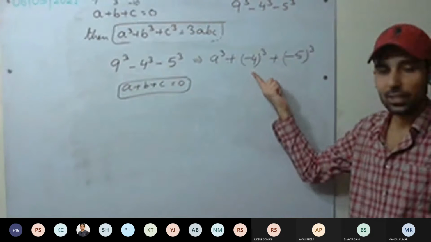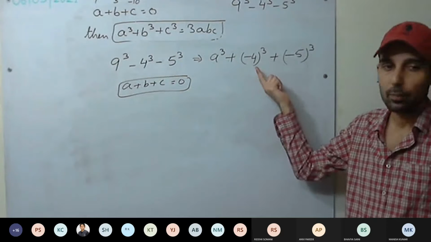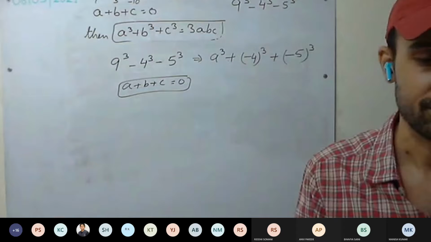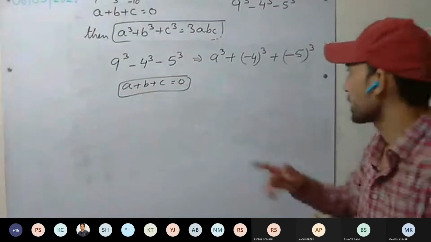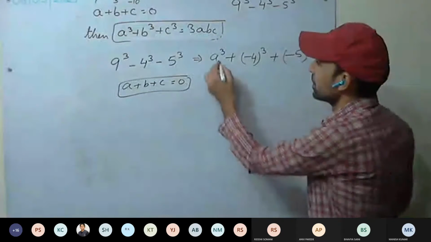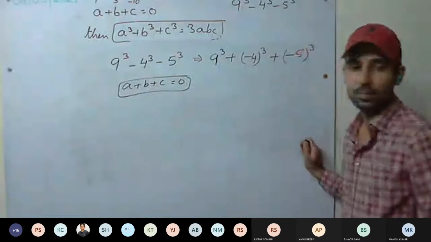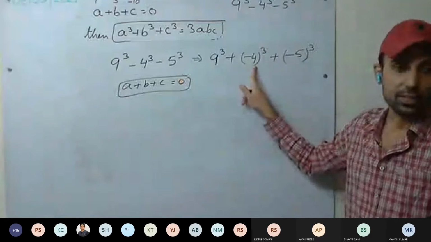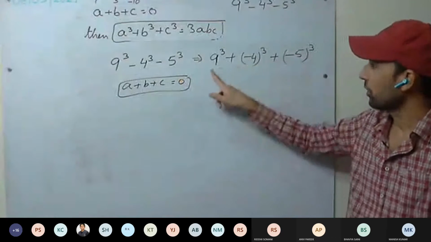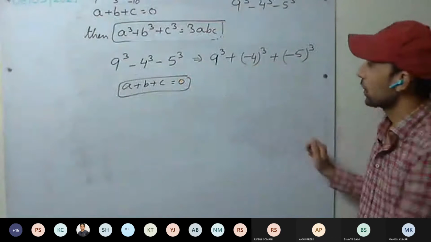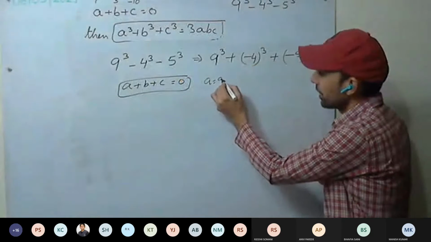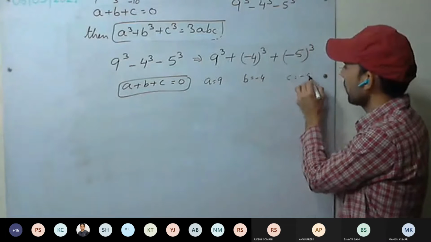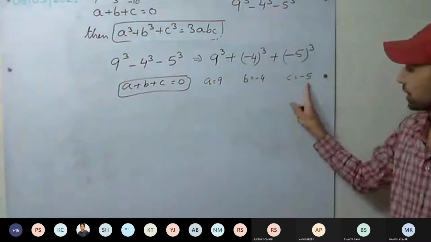Ankit, is it correct or wrong? Is there any mistake? I may make a mistake somewhere, you have to find it and tell. Is this fine with everyone? Have you understood? So a will be 9, b will be minus 4, c equal to minus 5.